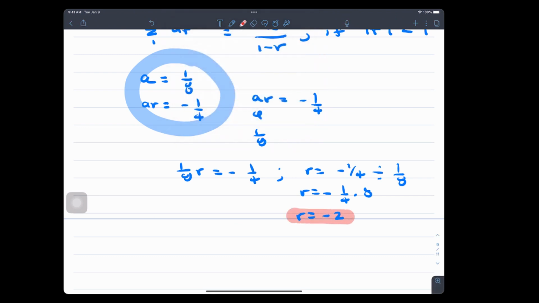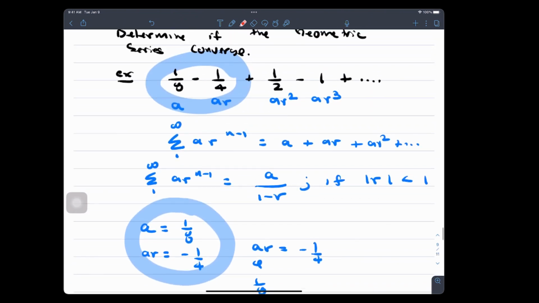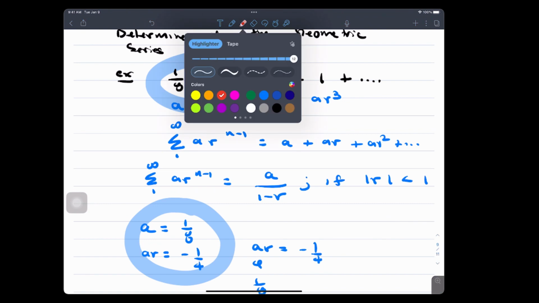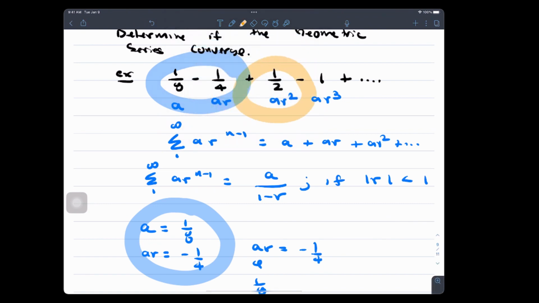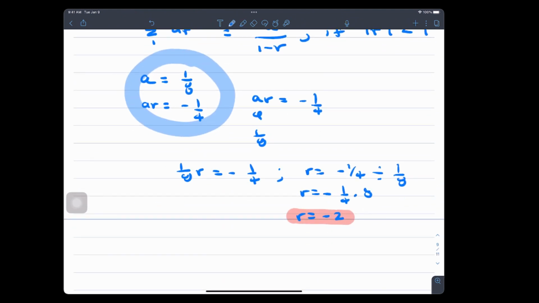How do I verify that this is actually geometric, though? If this is geometric, AR squared better be 1/2. Do you guys agree with that? So how you verify this is geometric is you say AR squared needs to be 1/2. Well, let's see if that's true.